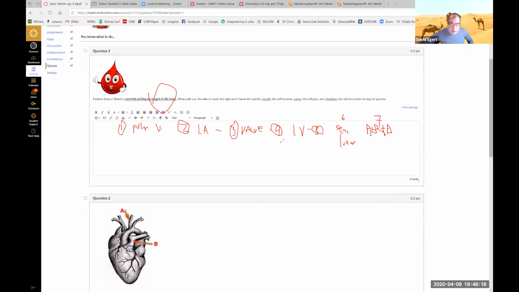And now it's still more. Where's she going next? She's up the aorta, but she wants to get to the right arm. What is going to come next? To subclavian. Say it again. Brachiocephalic. It'd be the brachiocephalic trunk coming up off of the aorta.